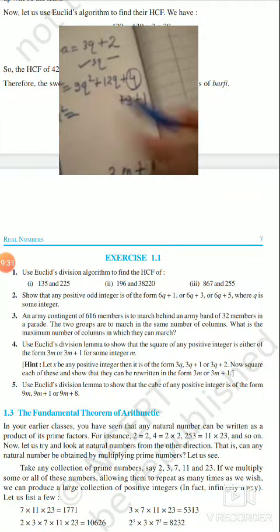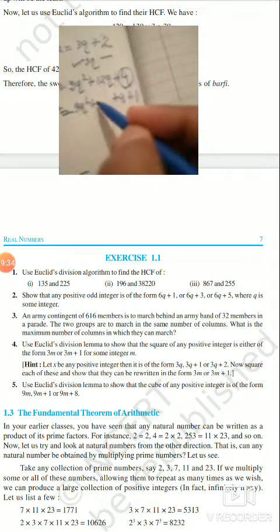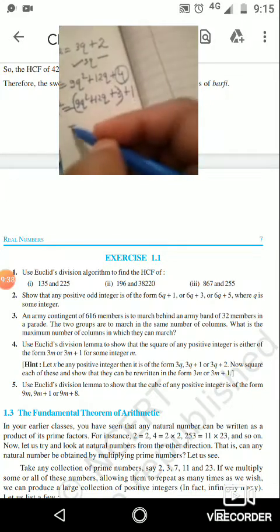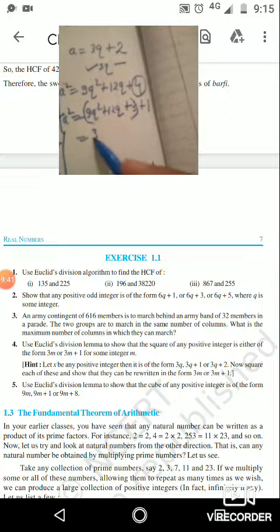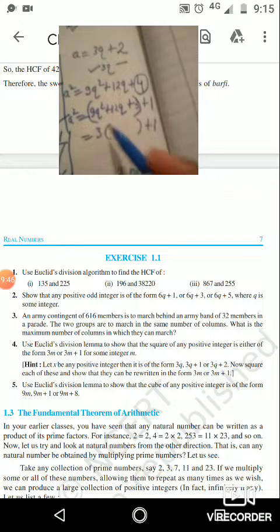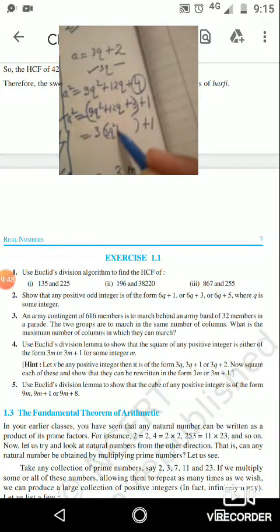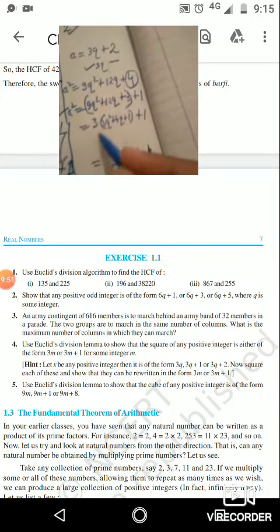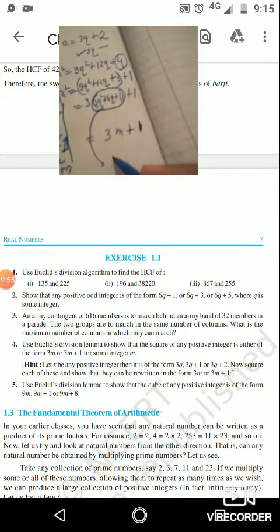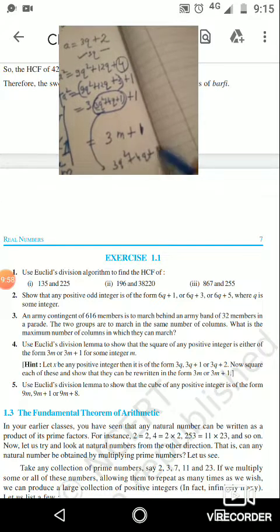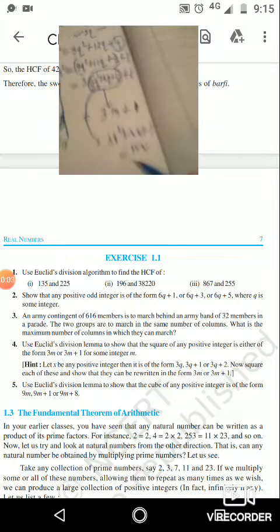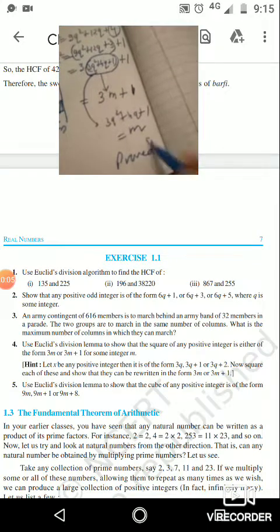And here 9q square plus 12q. For making it 3m, again we'll take 3 as common, plus 1 is here. Again for making it 3m, we suppose this as m. It becomes 3m plus 1. So this is the proof.